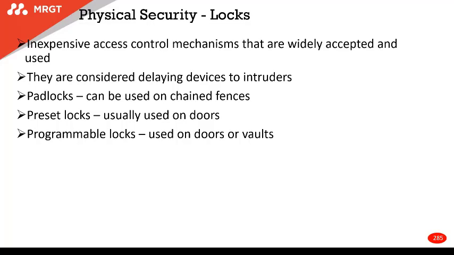I said the first circle should be about physical security, the second about intrusions, the third about locks, the fourth about logical access control, and the fifth about vaults and other stuff like that. Anybody have any questions?